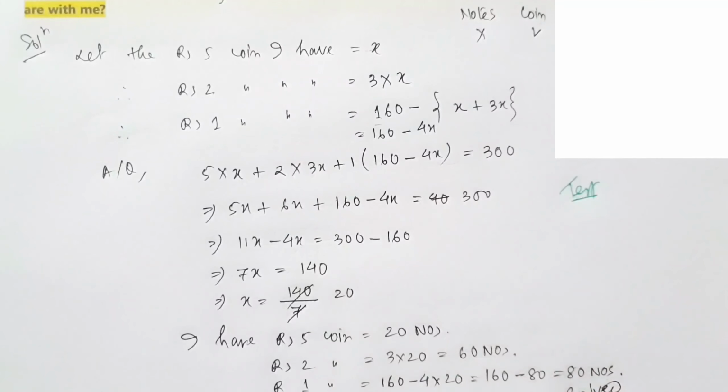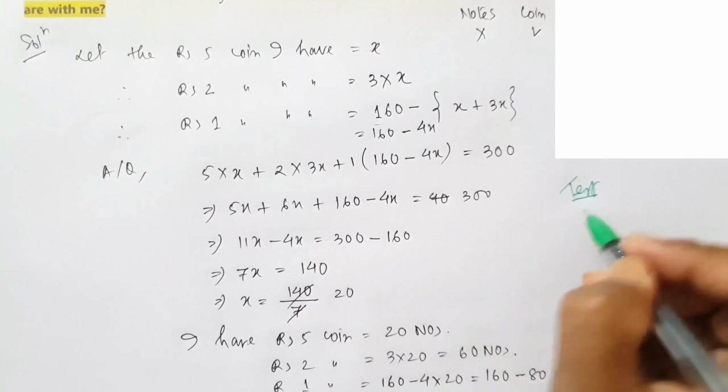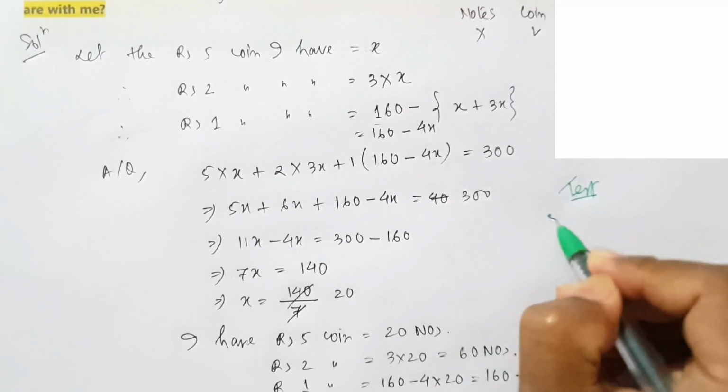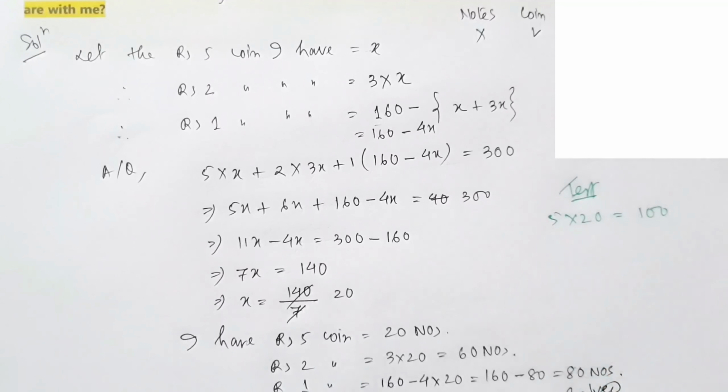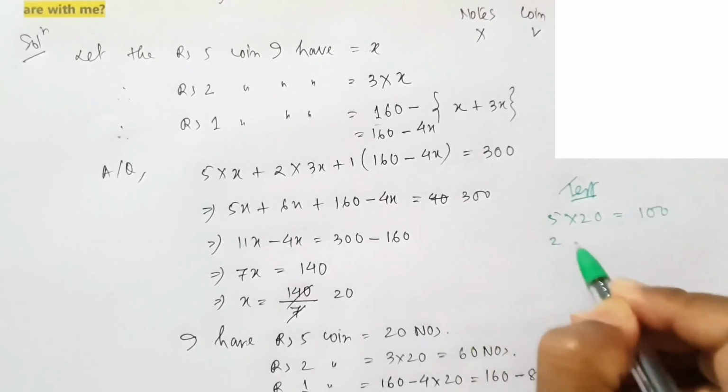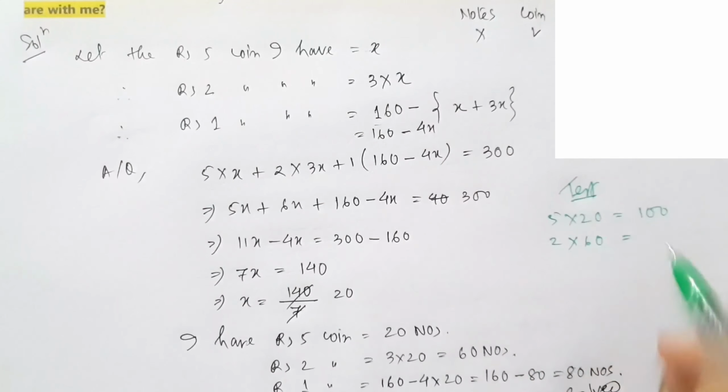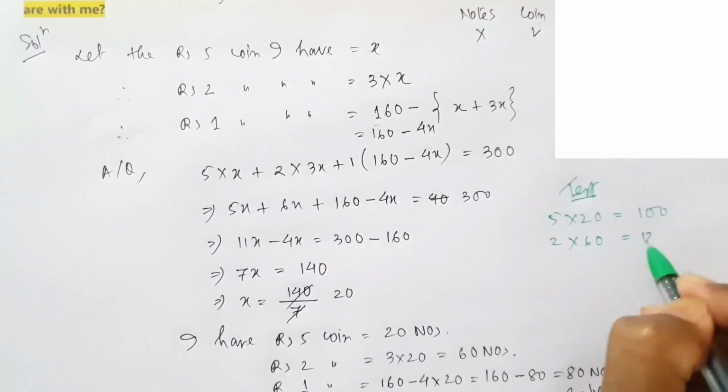Now let's check. 5 rupees I have 20 coins, means 20 numbers. So 5 into 20, it becomes rupees 100. 2 rupees I have 60 numbers. It means that 2 into 60, that is 120.